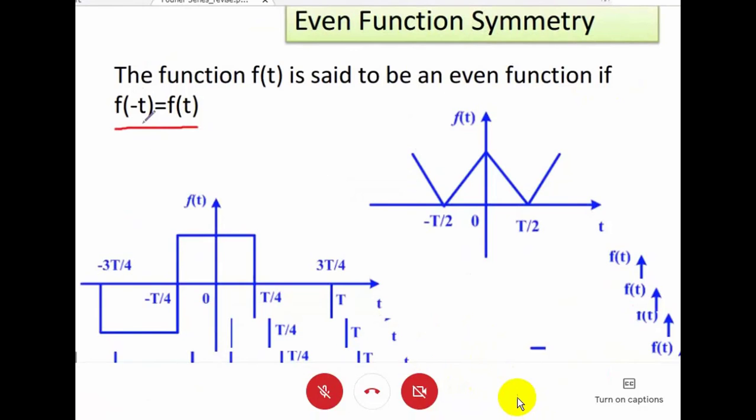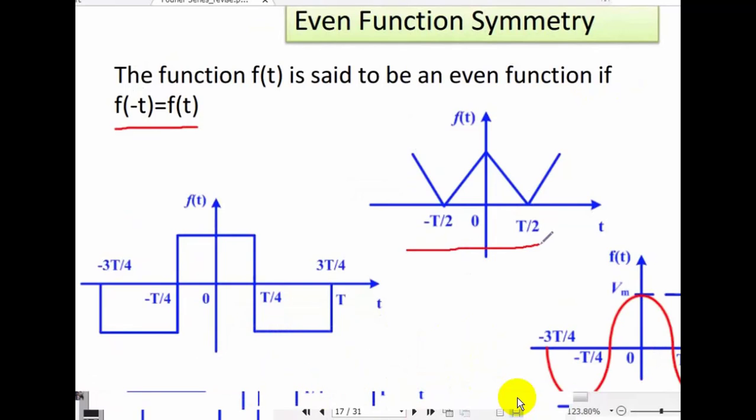Here it says minus f of t. What does it mean? Because x-axis is t, right? And y-axis is f of t. So t has two types of value.